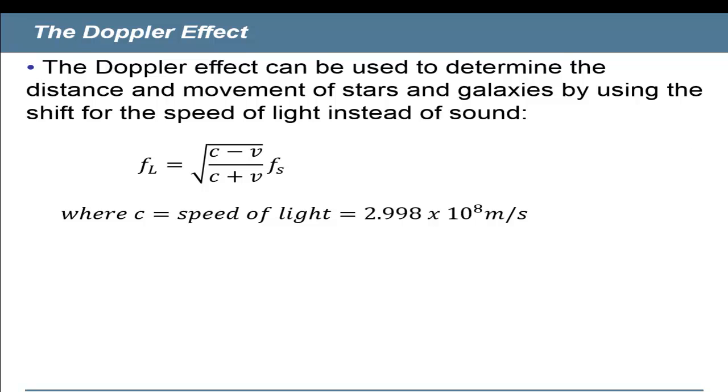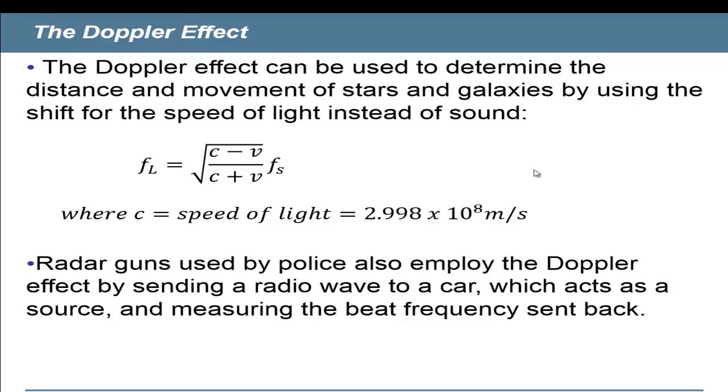Another way in which the Doppler effect is used is that the radar guns that police use also employ the Doppler effect. They essentially send a radio wave to a car, and then the car will act as a source, and they're sending constant radio waves to it, and then they measure the different frequencies sent back, and they get a beat frequency that's sent back, and then from there the radar gun itself can calculate the speed at which the car is moving.